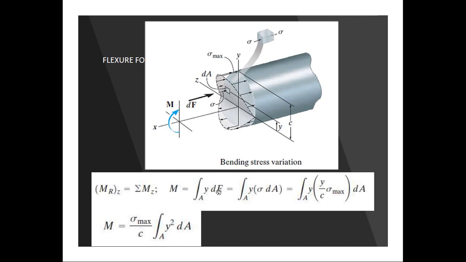We can substitute dF by sigma dA, and then sigma can be substituted from the above equation, that is y upon c into sigma max. Then we will integrate the whole thing, because sigma max and c are constant, and this c is basically the y max. And this is y square dA.